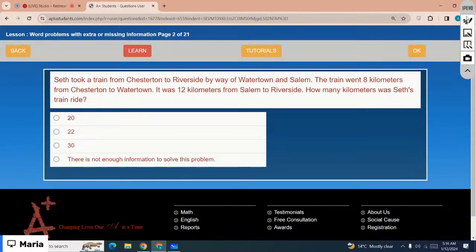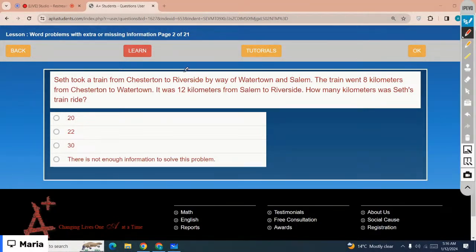Okay, so Seth took a train from Chesterton to Riverside by way of Watertown and Salem, right? So the train went 8 kilometers from Chesterton to Watertown. It was 12 kilometers from Salem to Riverside, but you are not given Watertown to Salem. You are given Salem to Riverside, right?